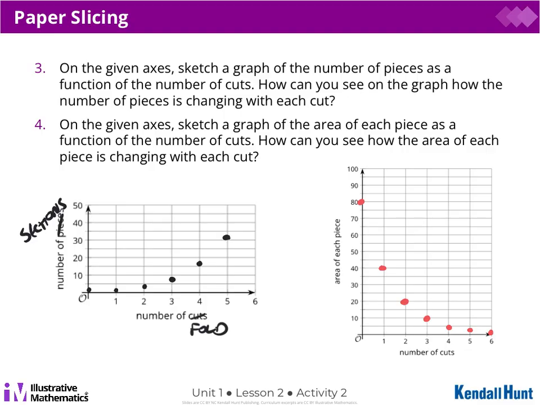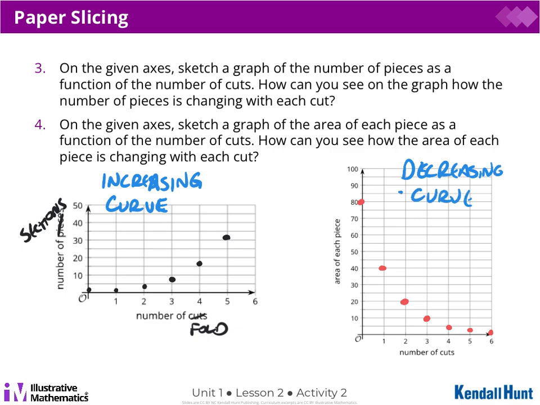If I had to describe these graphs, I could say that the one on the left is increasing as you go from left to right, the outputs, because we're only worried about the outputs. And it looks like it's making a curve. And the one on the right is decreasing, but it also makes a curve. So both graphs make curves.